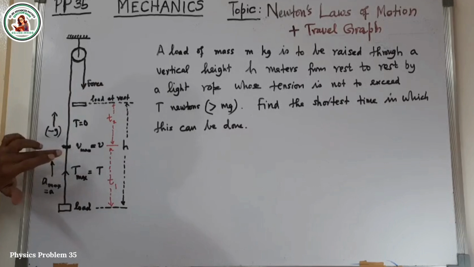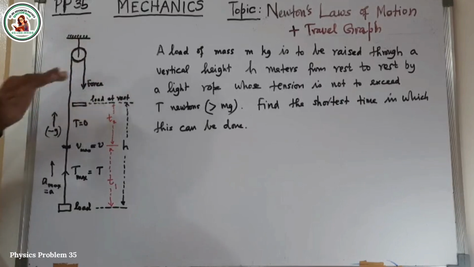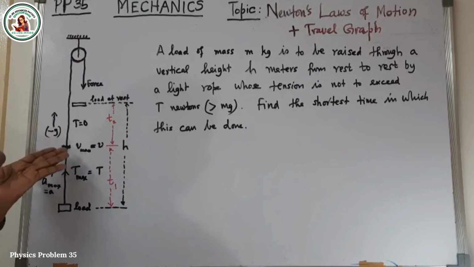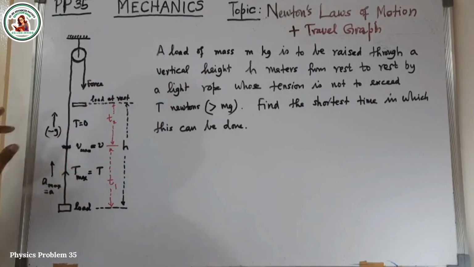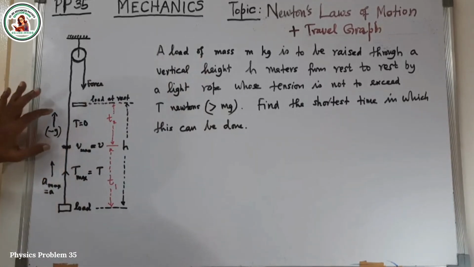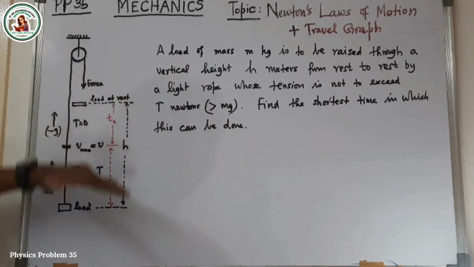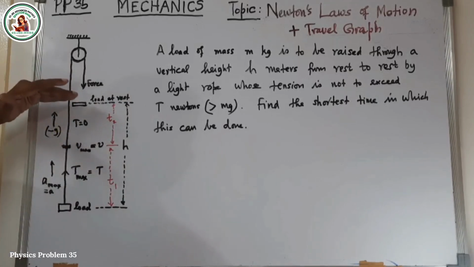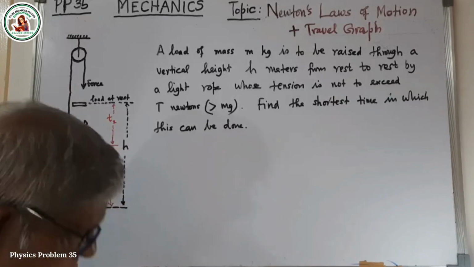Then at that instant, we stop the force applied so that the tension becomes zero in the rope and the load will move under gravity with retardation g. It will go and at the required height h, it will just stop, so somebody can catch it. Starting from rest and reaching the height at rest.